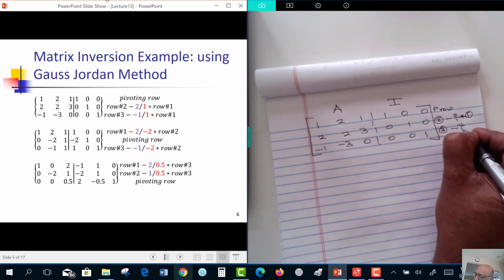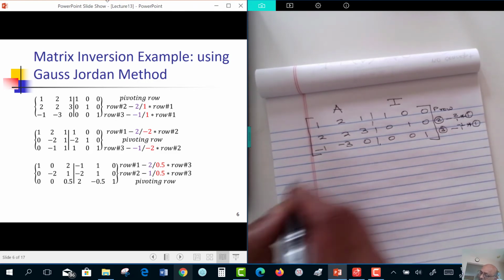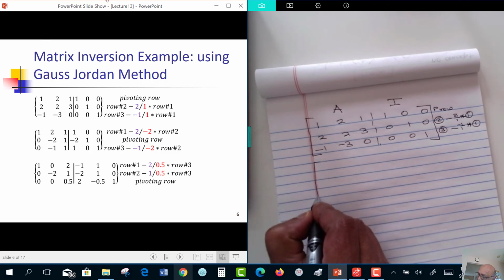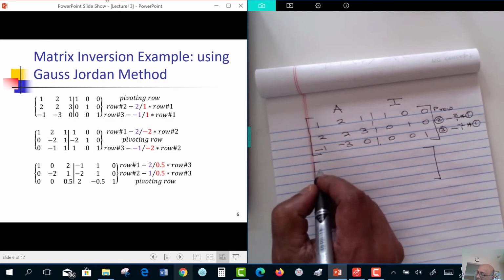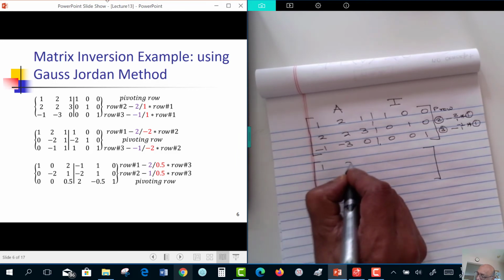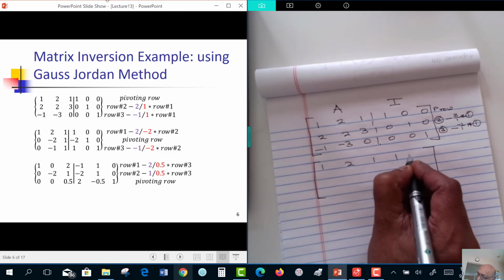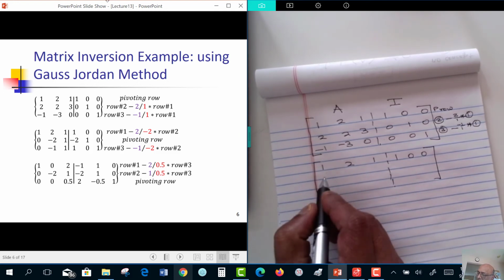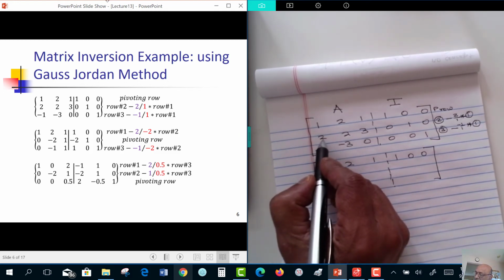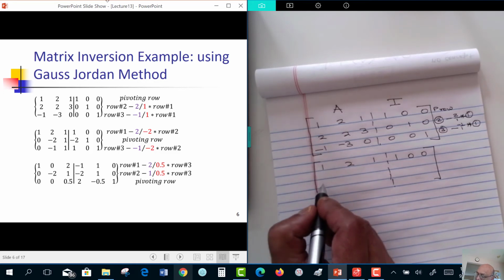So we are basically repeating the same step as we just did. First row doesn't change. Second row, we are going to subtract twice the first row.